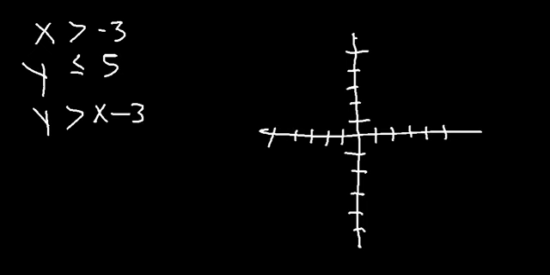So x is at -3. That's going to be a vertical line, and it's going to be a dashed line because it's just greater than but not equal to. And y is less than or equal to 5, so that's a horizontal line at 5, but it's a solid line.